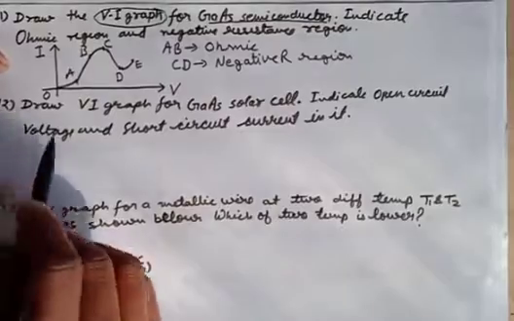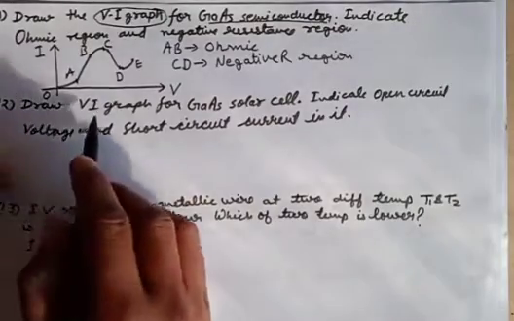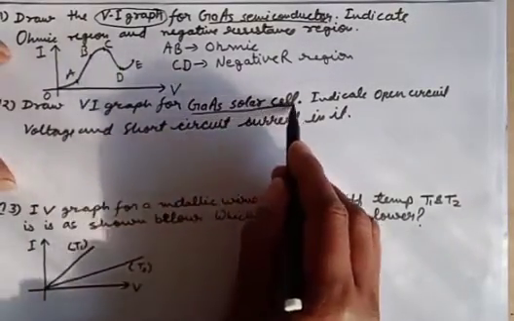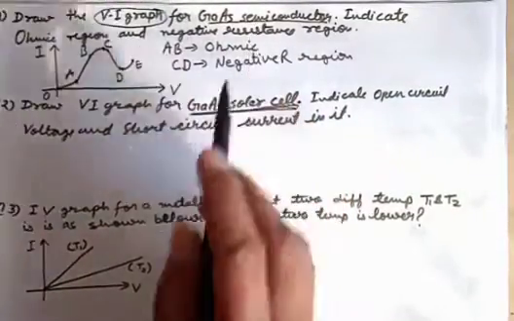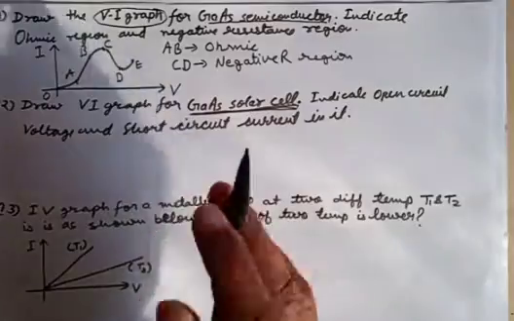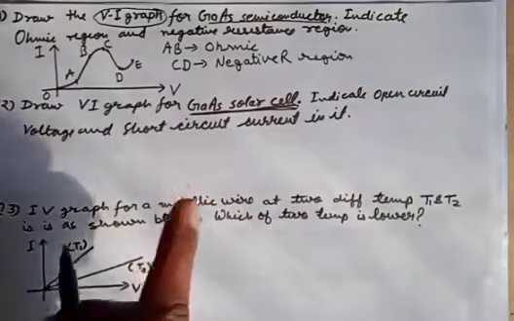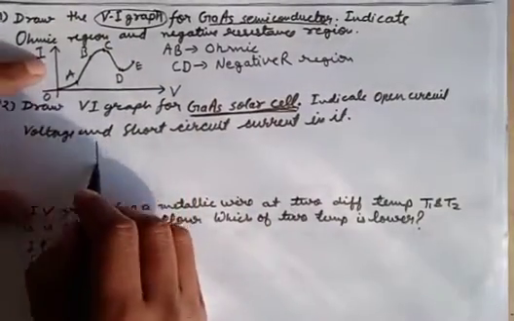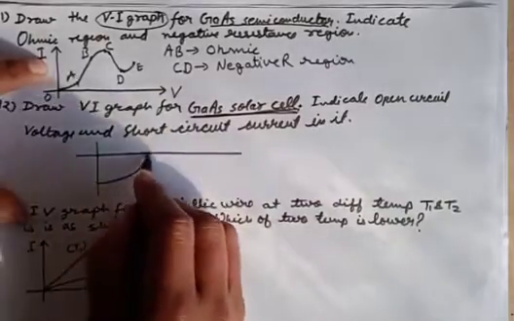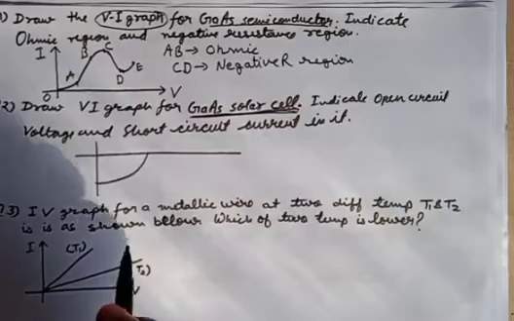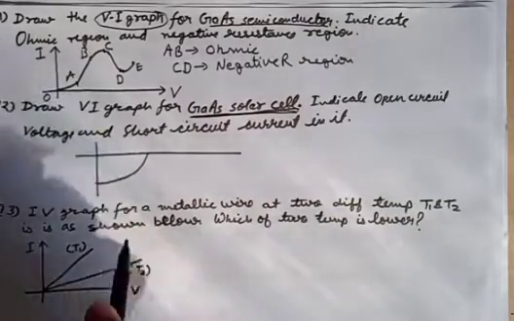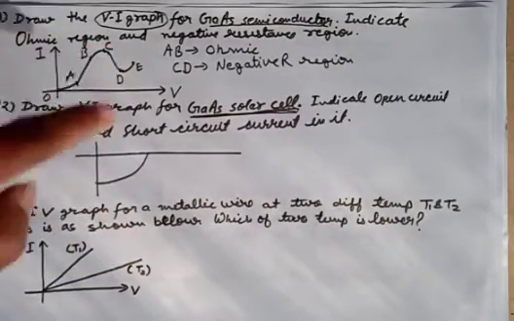Okay, another question which resembles this: draw VI graph for gallium arsenide solar cell. So there is a difference. It is just the component. This is just the material, gallium arsenide, and this is a device which is a PN type thing. So here both are not the same. There will be some difference. I have included this question here, though it is totally based upon the chapter on semiconductors, because in some books this question is asked and this graph is drawn.